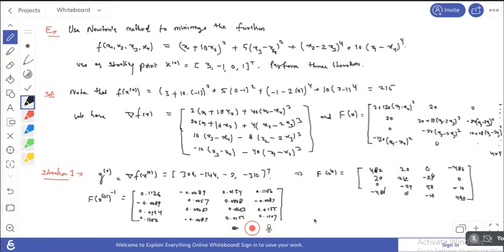Okay, so what is the value of f at x0? The inverse of this matrix is multiplied by this G0 matrix, this into this. Okay, so this matrix into G0.